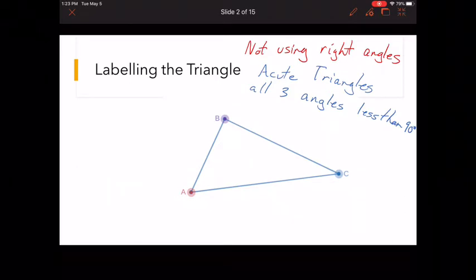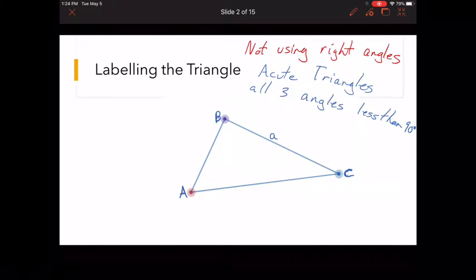Another thing we'll start off with is labeling them. We talked about this a little bit, and we also talked about multiple ways to label our triangles. But here we are always going to call the angles with capital letters, and then we're using the same letter but lowercase to talk about the sides. We always use the opposite side to the angle to use the same letter.